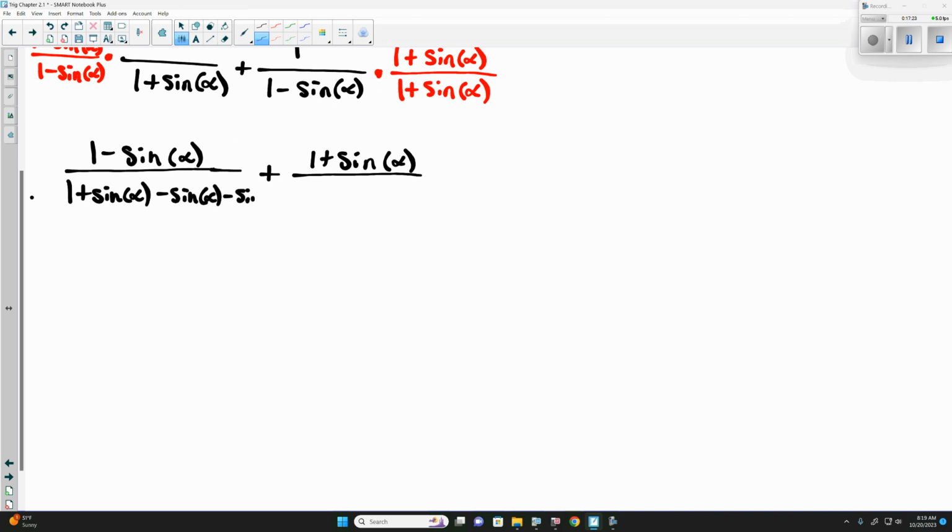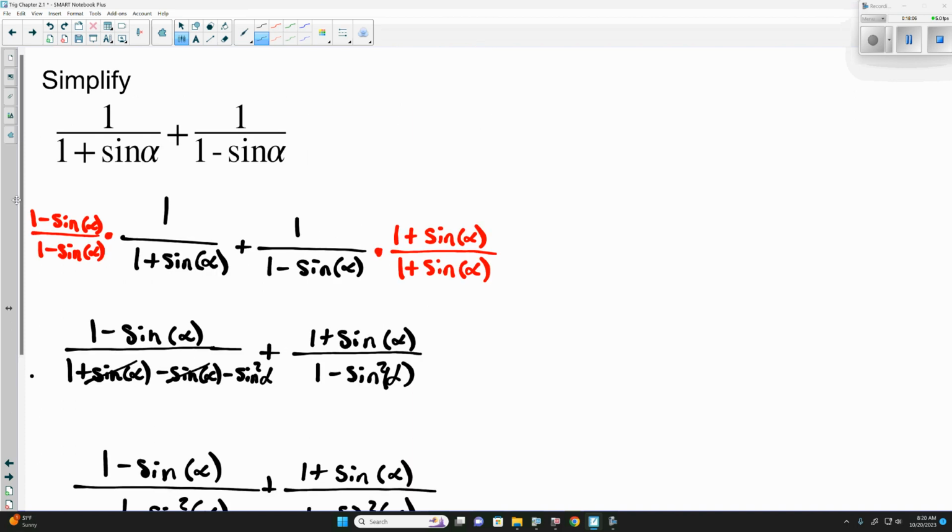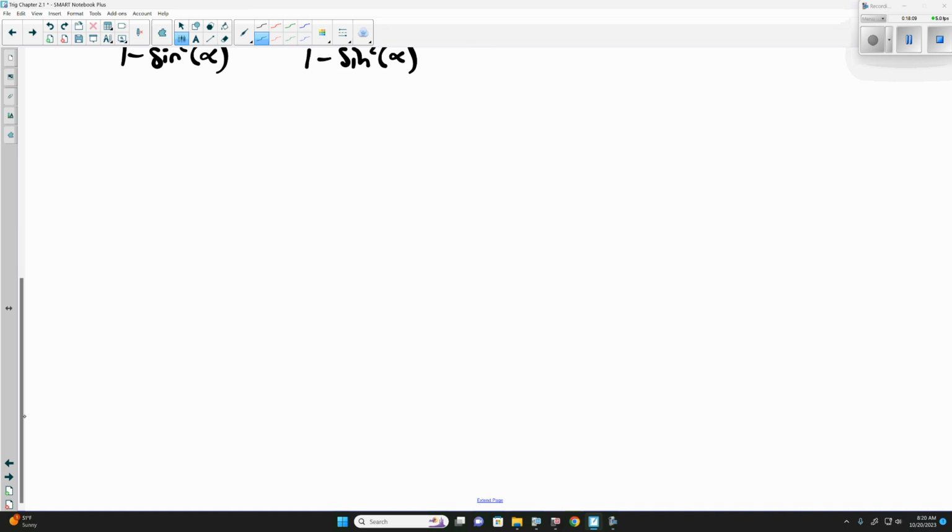And negative sine of alpha times sine of alpha is negative sine squared of alpha, which these cancel out, leaving us with 1 minus sine squared of alpha. This seems like an odd step, but it'll make sense in a minute.